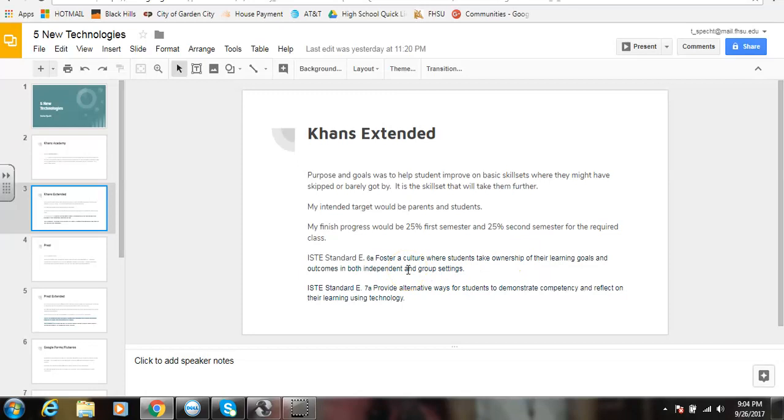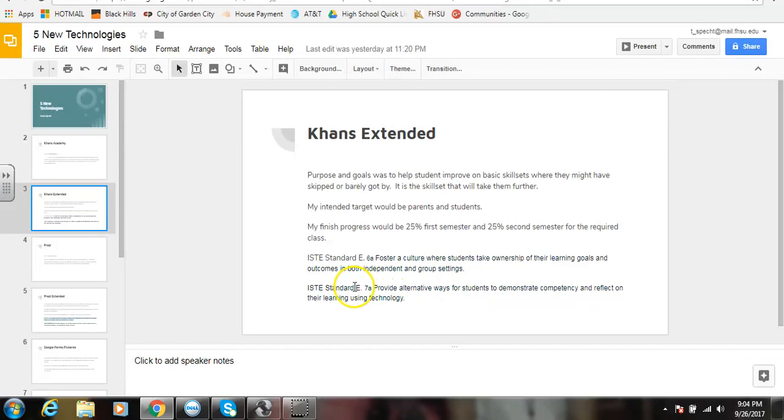The standards that I used would be standard E for educator, 6A, foster a culture where students take ownership of their learning goals and outcomes in both independent and group settings. So this is independent. I let them work a little bit in groups as they're working on this and help each other out.